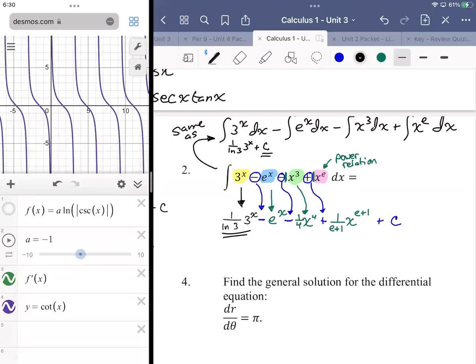But the plus c here could be different from the plus c for this one. So I would give this a little subscript of 1. Then this one, e to the x, would also have its own plus c. So c sub 2. Then this one, 1/4 x to the fourth, would have its own plus c, different from the other, so I'd call that sub 3. And then this one, 1 over e plus 1, x to the e plus 1, would have its own plus c, all connected.